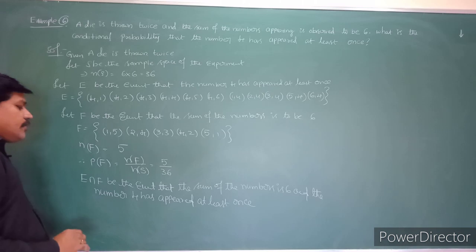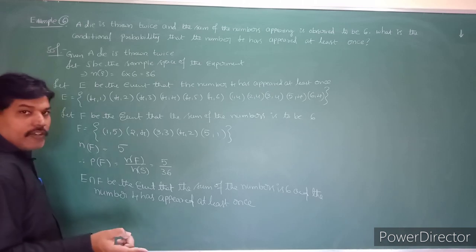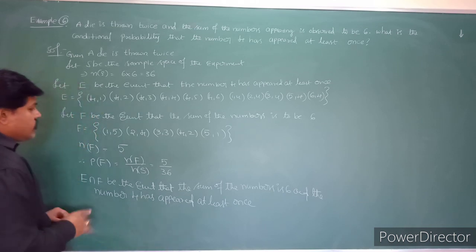That means you have to get the sum as 6 and you have to get 4 at least once.